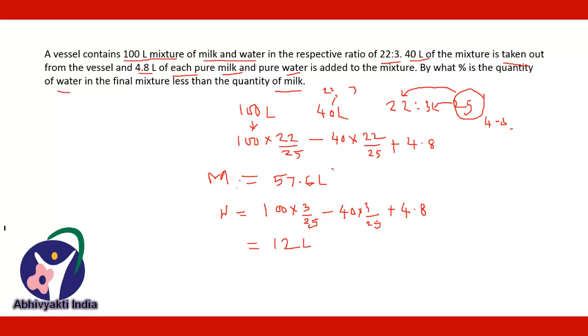So this much milk is left, this much water is left, and therefore the difference between milk and water is equal to what? 57.6 minus 12, and that comes to 45.6 liters. So this much is the difference between milk and water in the mixture after taking out the 40 liters of mixture.